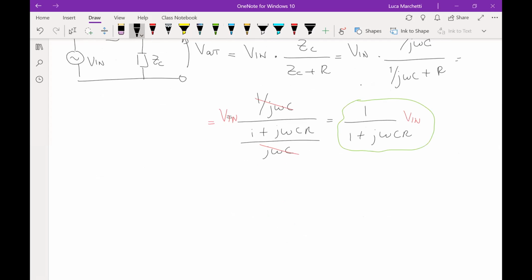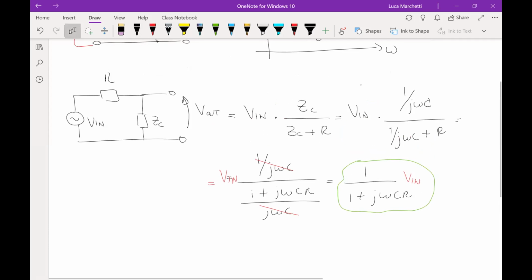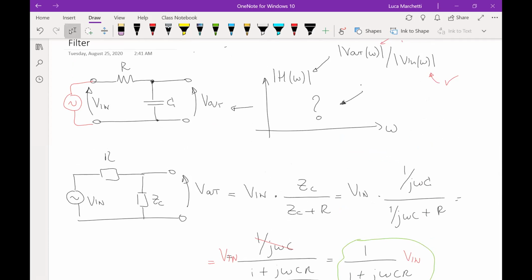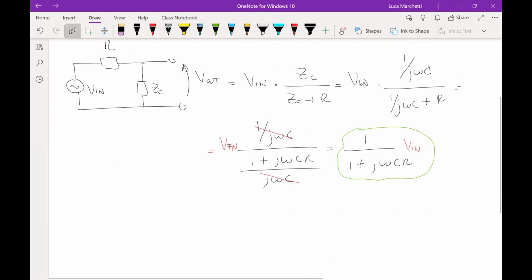What we are actually interested in is not V out in this form, but the magnitude of V out, so the absolute value of V out, because this is what represents the magnitude. So we apply the absolute value.